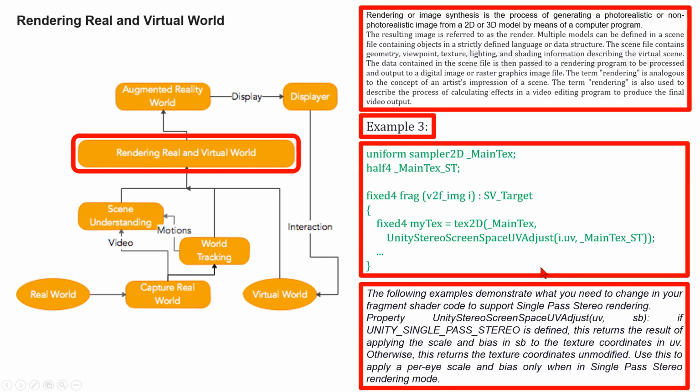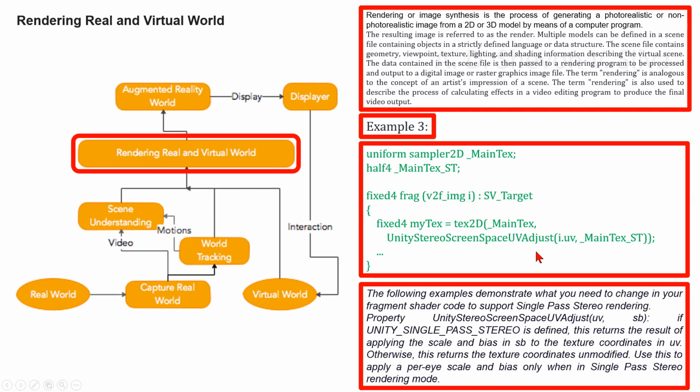Example 3. The following example demonstrates what you need to change in your fragment shader code to support the single pass stereo rendering property. Single pass stereo rendering property: unity stereo screen space UV adjust UV, SB.